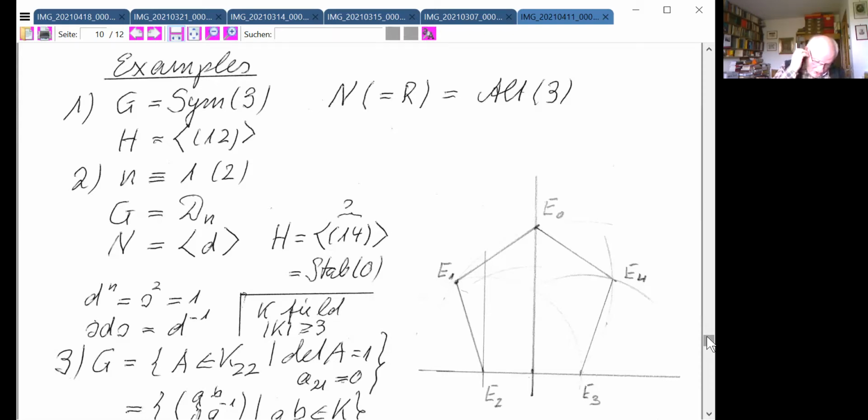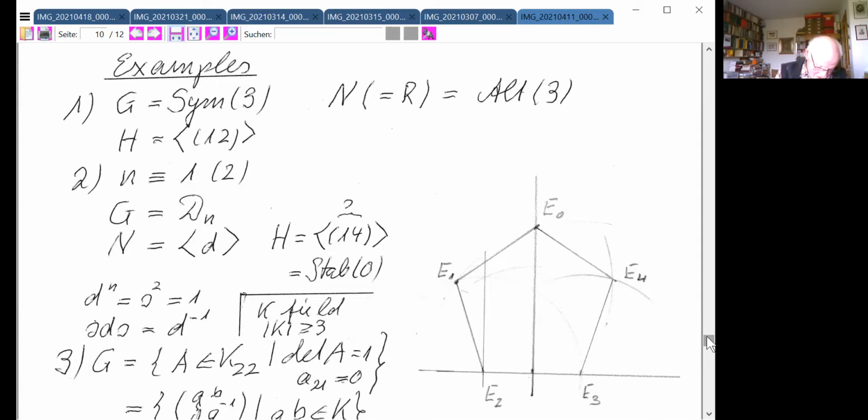The Frobenius kernel consists of the rotations, and any reflection on an axis, since n is odd, the axis must go to one of the corners. This is a class of Frobenius complements.